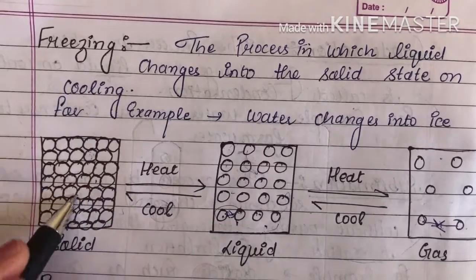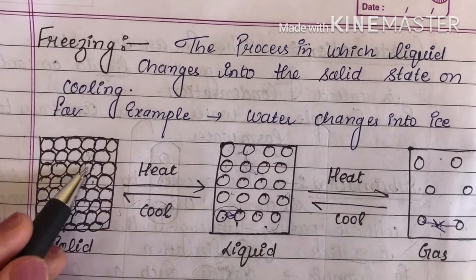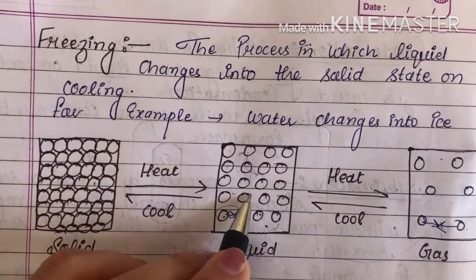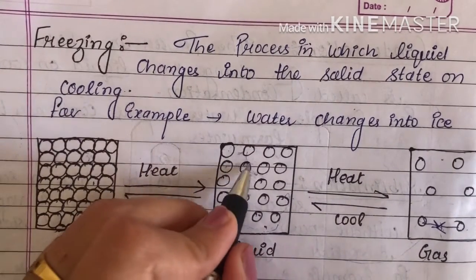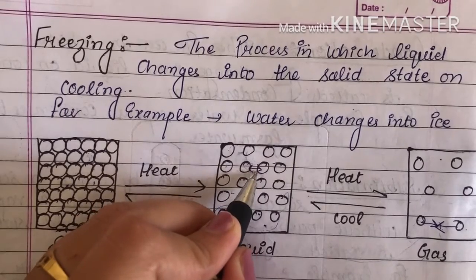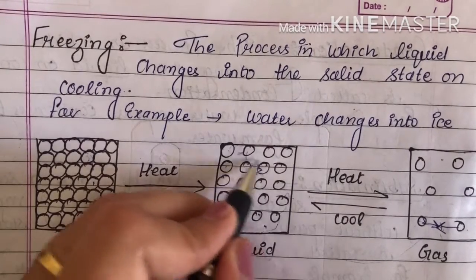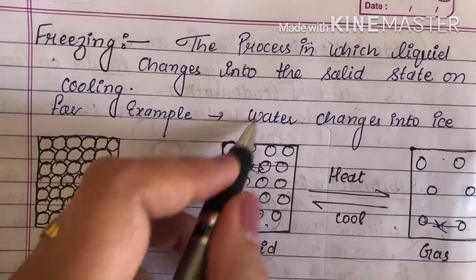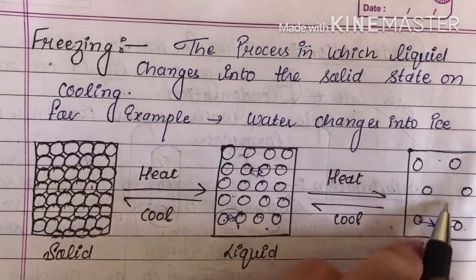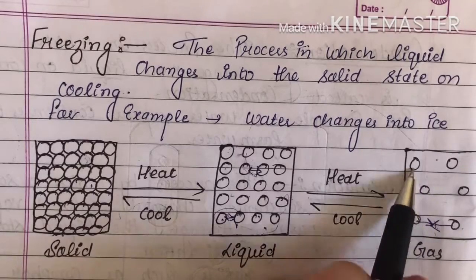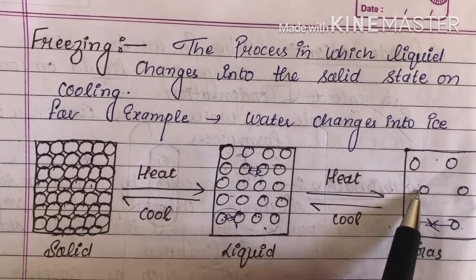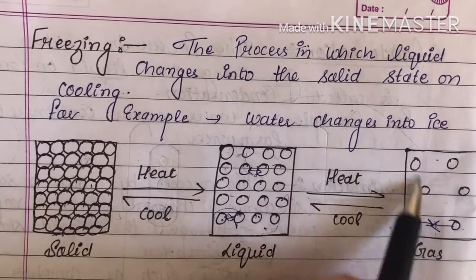When we heat the solid, the attraction reduces and it gets converted into liquid form. Then further heating lowers the attraction and the molecules move apart from each other and become gas molecules. The gas molecules move freely and are further apart from each other.